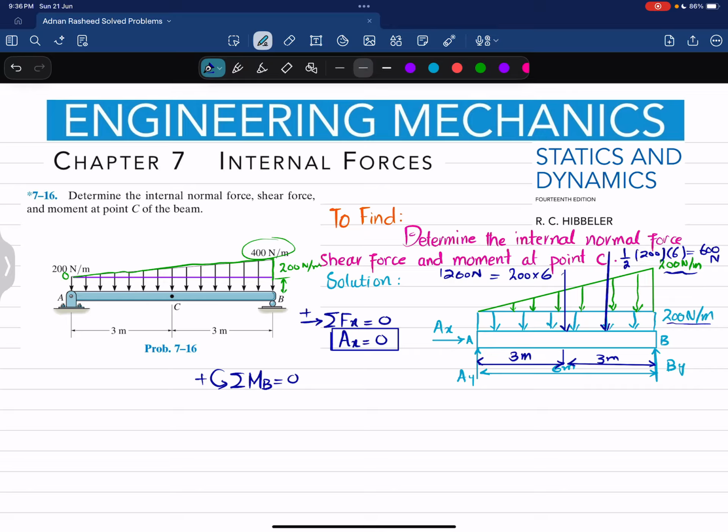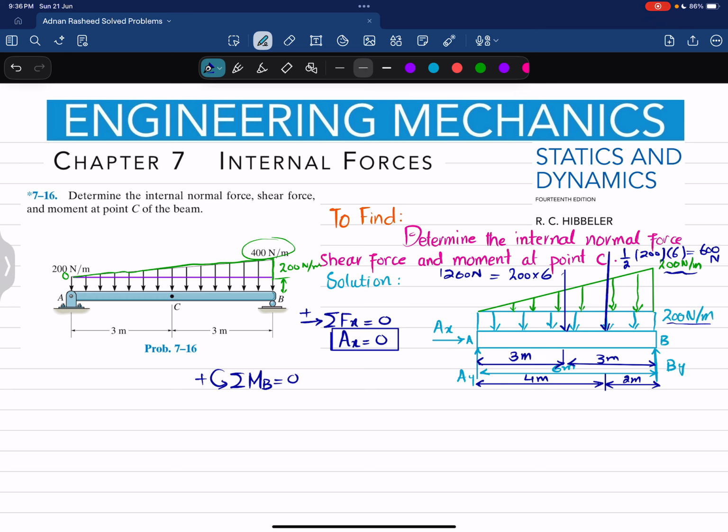That will act at a distance of L by 3 from this denser side. So the total length is 6 meter, so 6 by 3 is equal to 2 meter. And the remaining will be 4 meter.